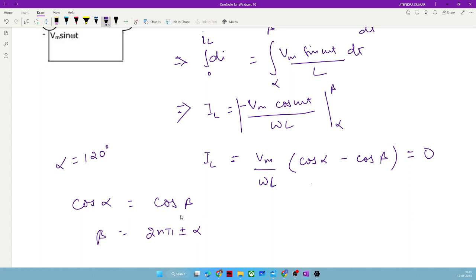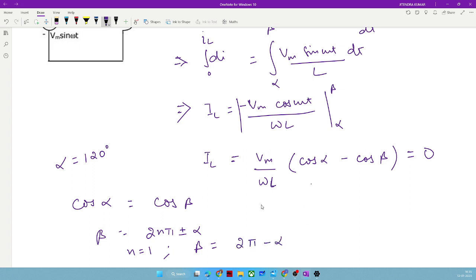If you put beta equal to 2n pi plus alpha or minus alpha, let's assume n is equal to 1 and assume this minus alpha. So after putting n equal to 1, beta is 2 pi minus alpha.